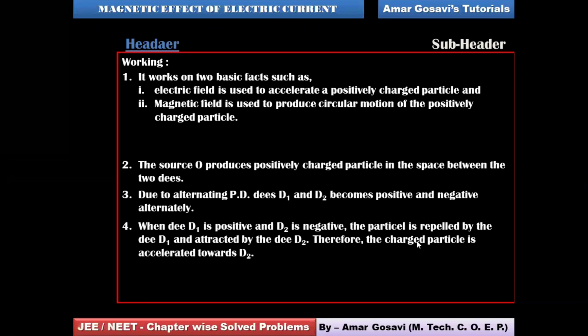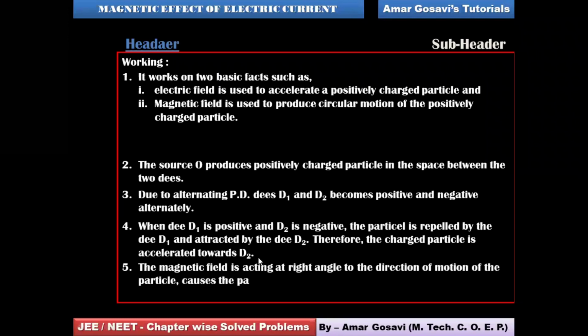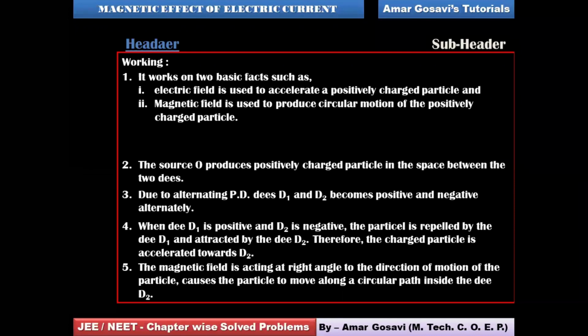And you can see always the charged particle would be accelerated towards D2 in that case. Let's have a look at this point also. What the magnetic field is doing, because it is acting at right angles, it will ensure the circular path inside D2. Please make a note of it, friends, before I show you the other points regarding the working of a cyclotron.